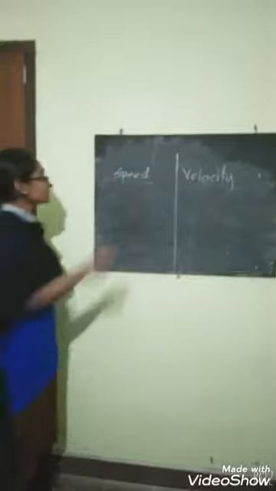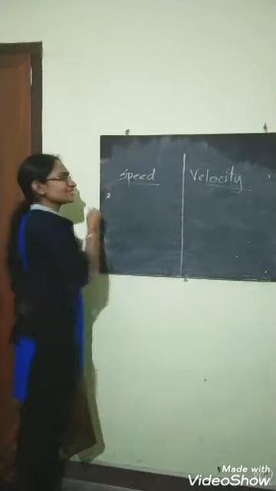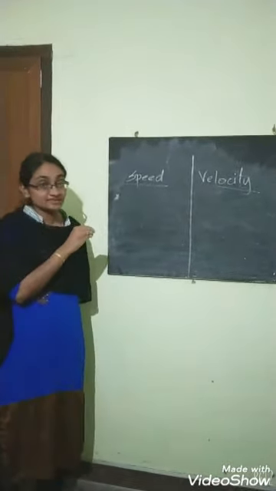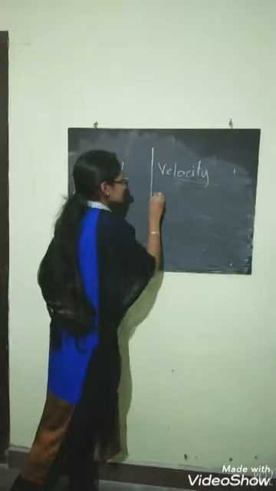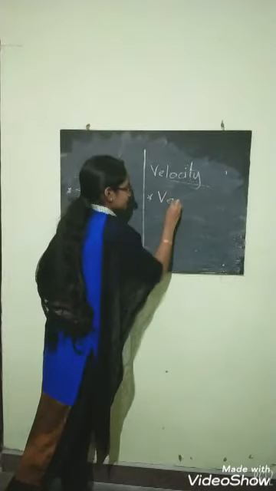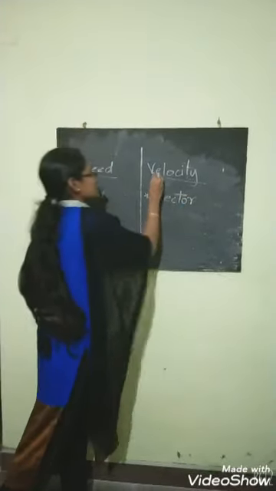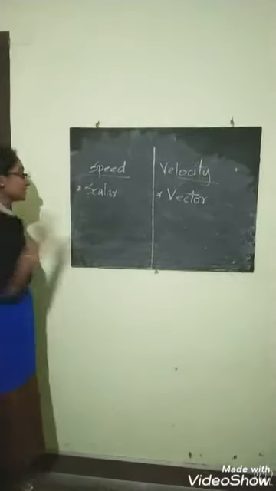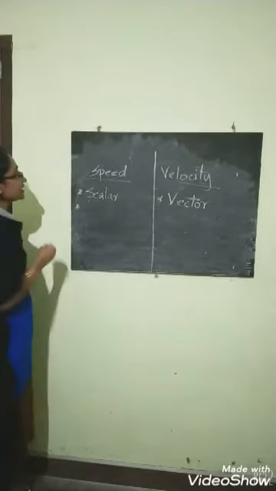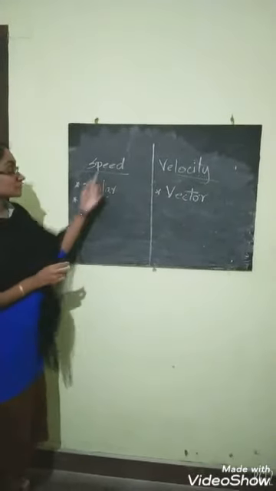The first point is, is speed scalar or vector? It's scalar. And velocity is vector. For V, it's vector, and for S, it is scalar. Just remember that.